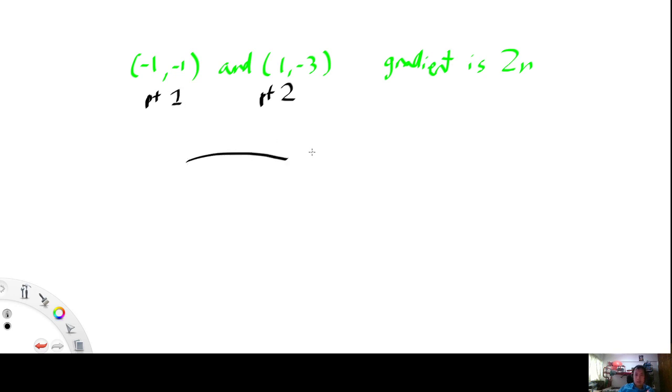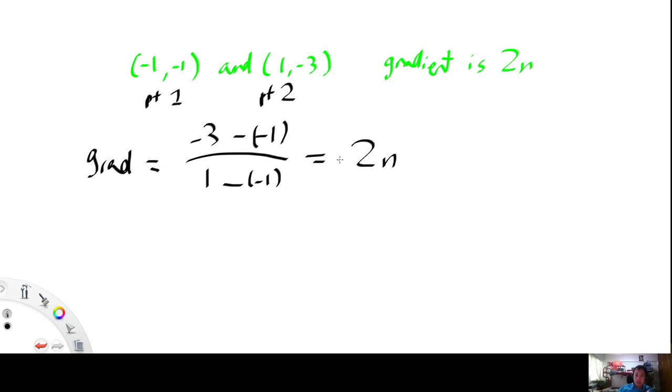Okay, so finding the gradient. So gradient is -3 minus 1, and 1 minus 1. Yeah, okay, sorry. Oops.